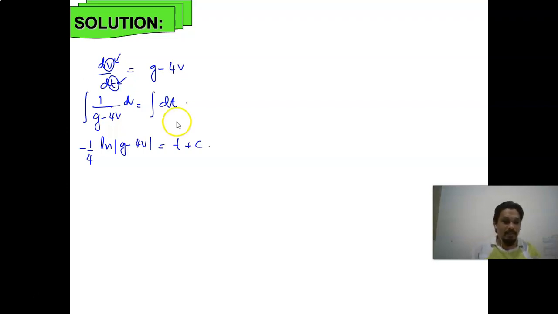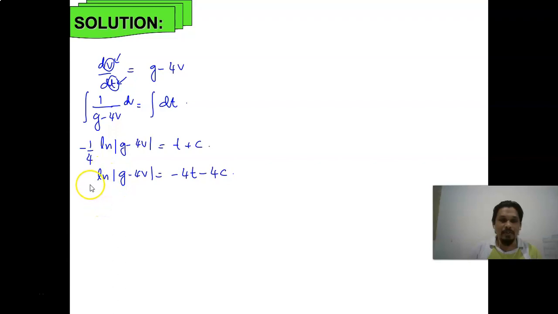So then natural log of g minus 4v equal to, we are going to multiply with negative 4. So cancel between negative 4 and negative 1 over 4 here. So they come up with negative 4t minus 4c.